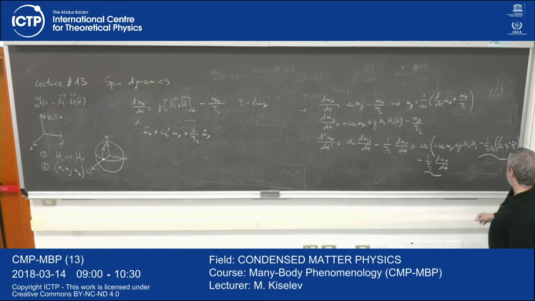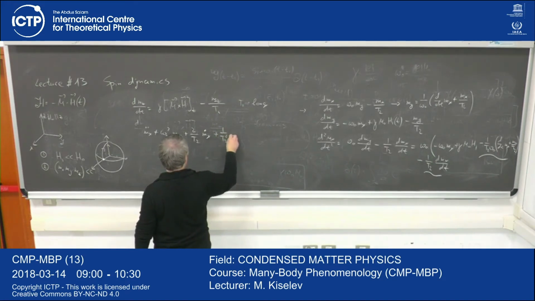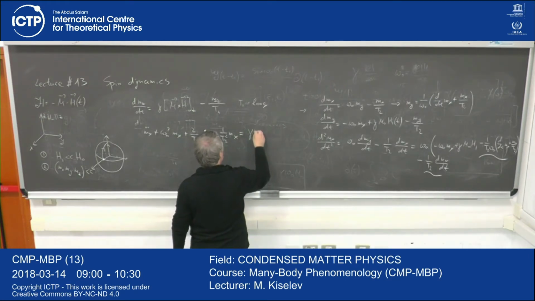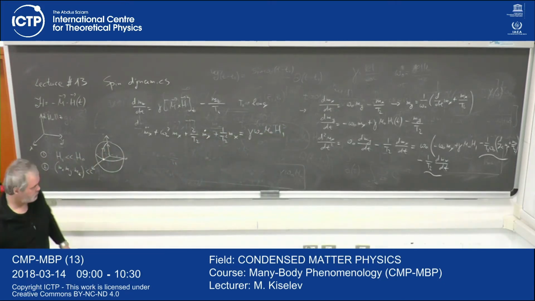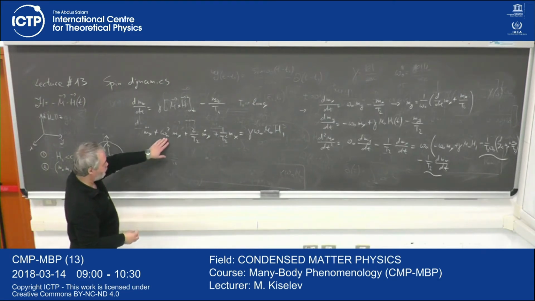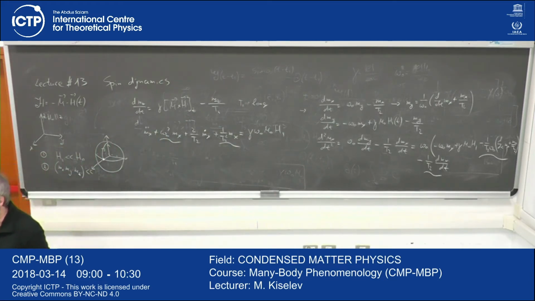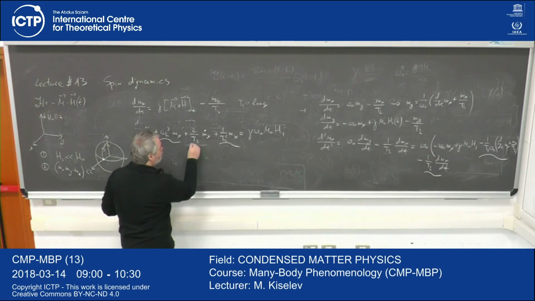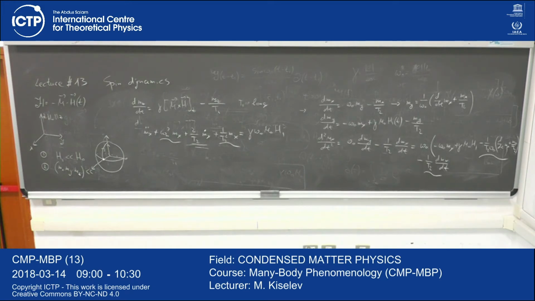And last but not least, omega naught cancels out, and I have plus 1 over T2 squared mx is equal to the external force, which is gamma omega naught m naught h1. So you see that I have terms with mx, this one and this one, and I have a term proportional to velocity, which is friction. Okay? So my equation of motion is now an equation describing a harmonic oscillator subject to some friction, which is dissipation.